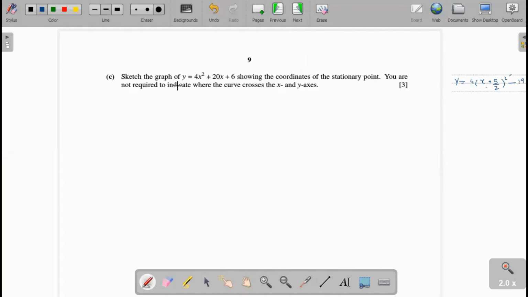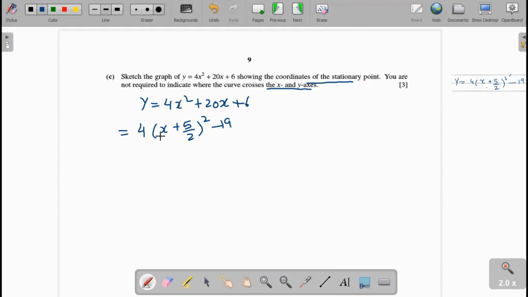Part C, sketch the graph of y equal to 4x squared plus 20x plus 6, showing the coordinates of the stationary points. It is not required to indicate the curve crossing the x and y axes. Now, we already proved that 4 times (x plus 5 over 2) whole squared minus 19 is the same expression.